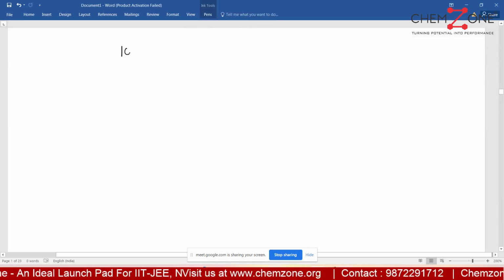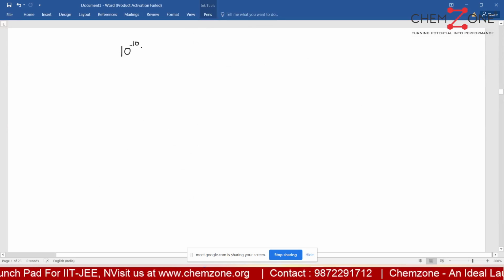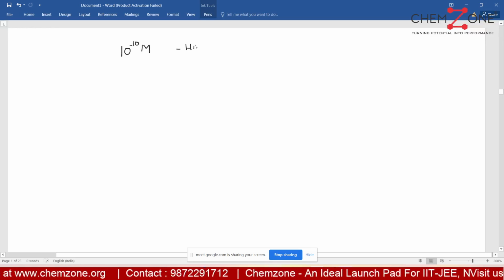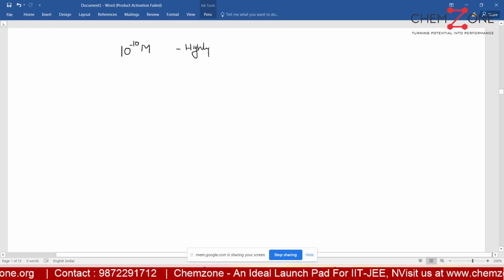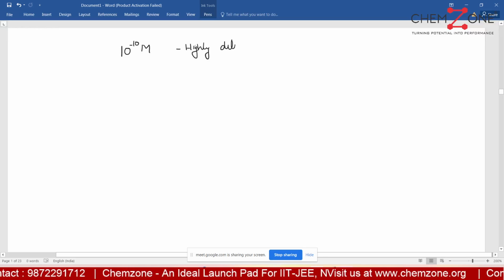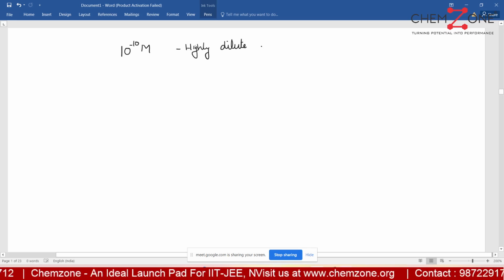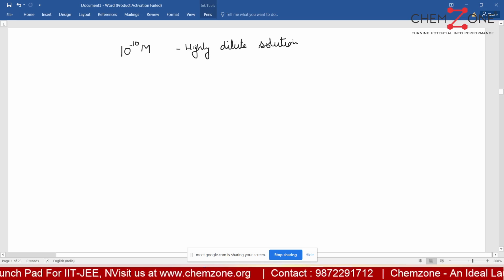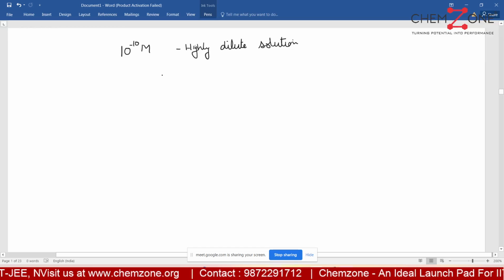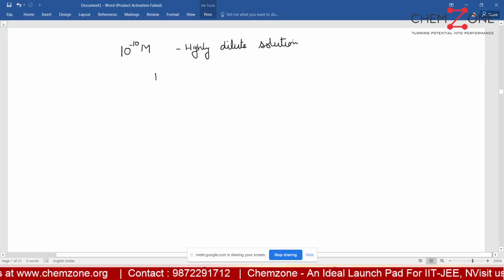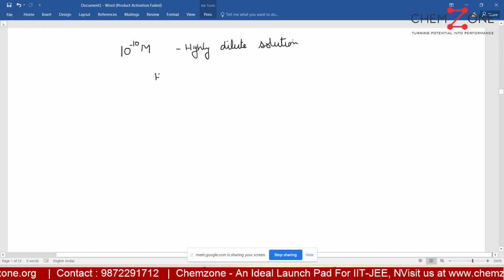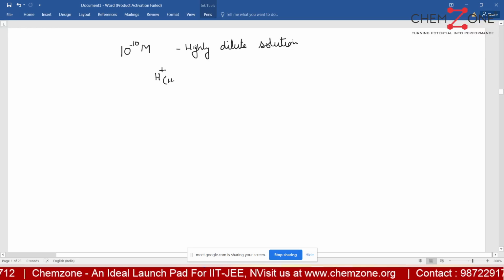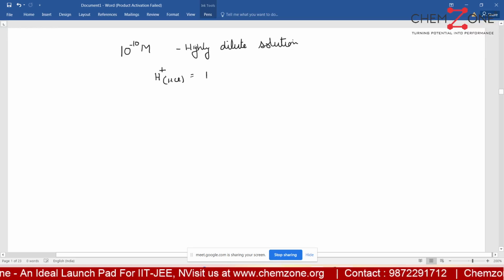When I say 10 to the power minus 8 molar, it means it is a highly dilute solution, right? So the hydronium ion that is coming from the HCl, its concentration is 10 to the minus 8.